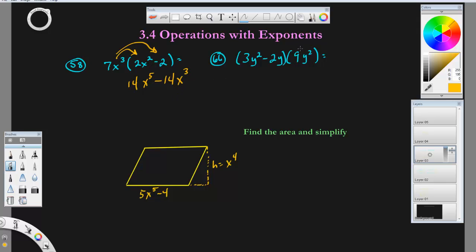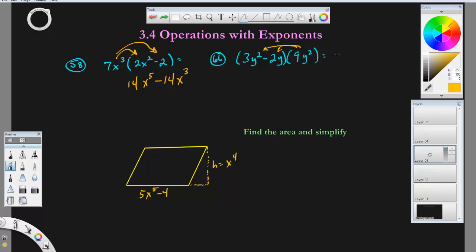This is the same thing here, except you're going to distribute it this way. You still have two unlike terms, because this is y squared and this is y, and you can't put those together. Now, we take 9y squared times 3y squared.